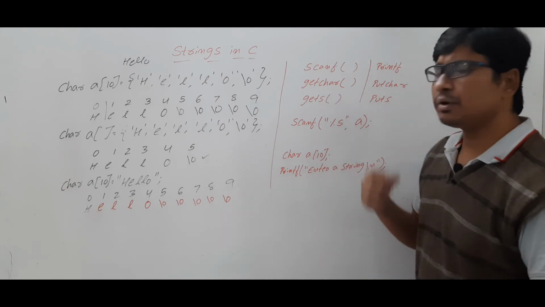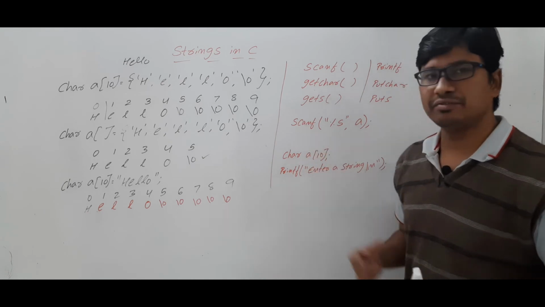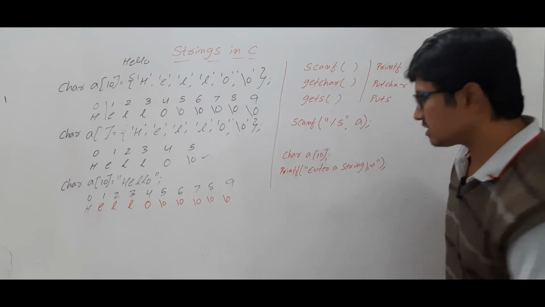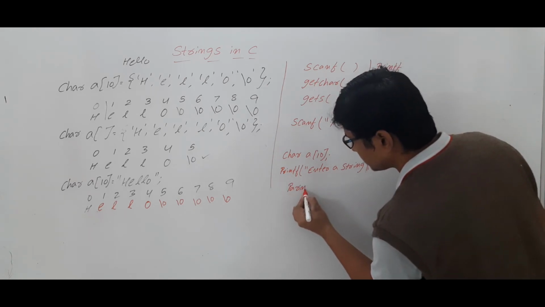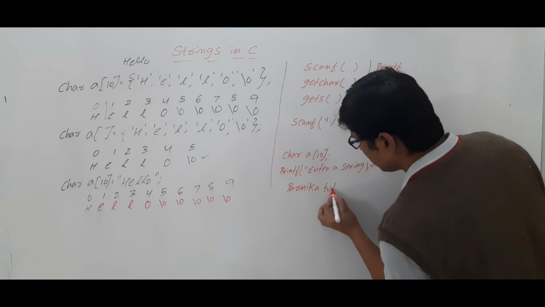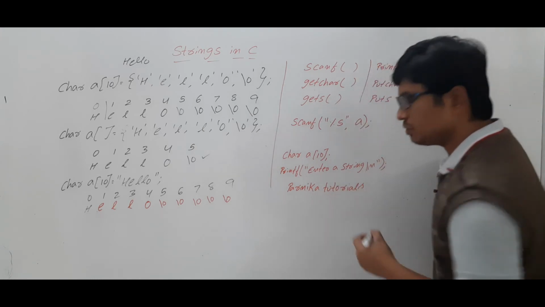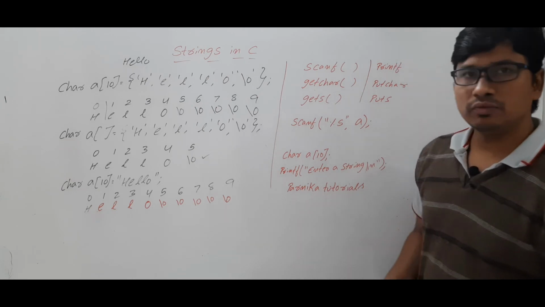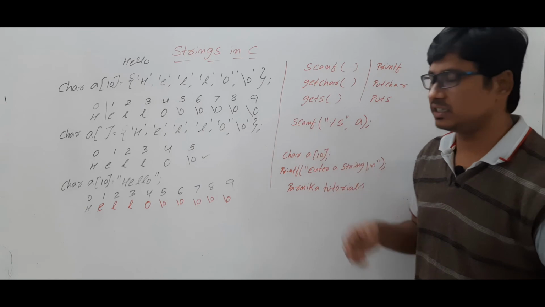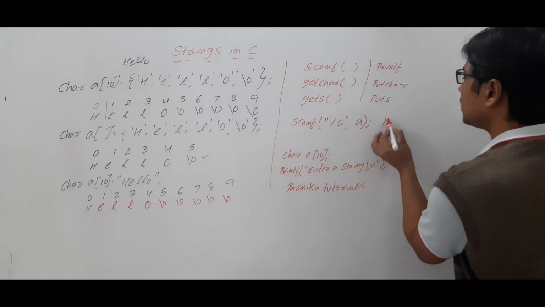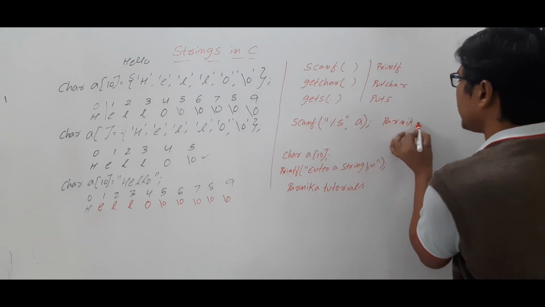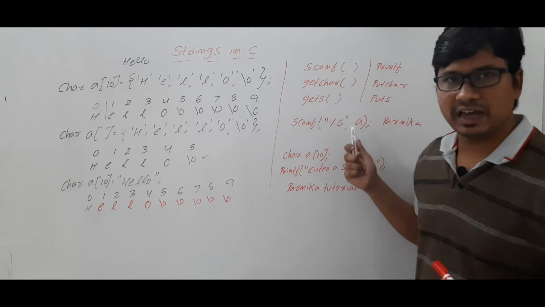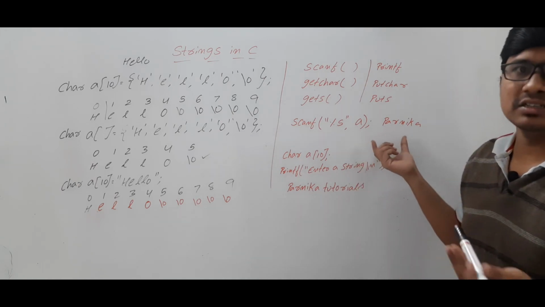Now remember one thing. What is the problem with this scanf function? And you are using a %s. Let's take that you are entering a string called Parnika tutorials. You want to enter it as Parnika space tutorials. Then what will happen if you use the scanf function is that it will read only Parnika and store it in the array called A. And if you display the output which is there in the array A, you will get only Parnika because it is reading only Parnika.